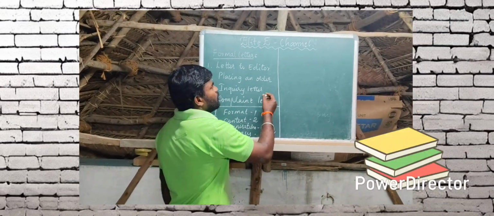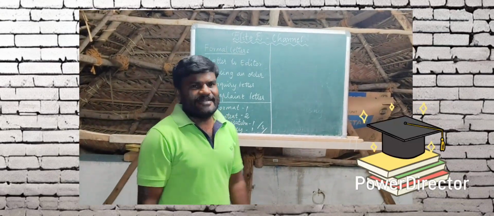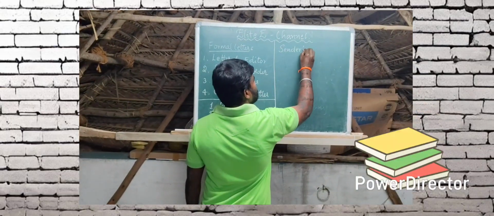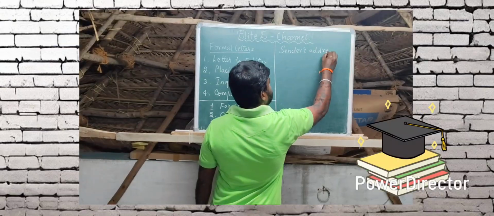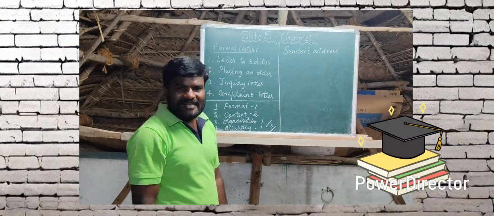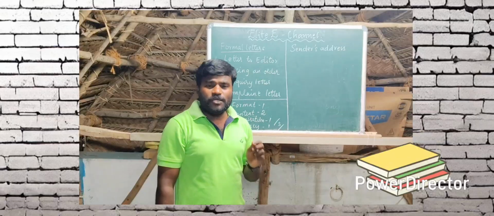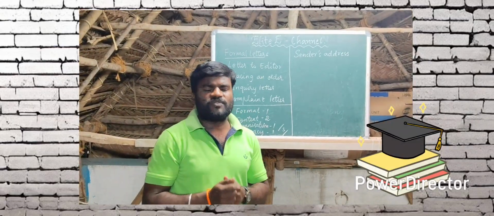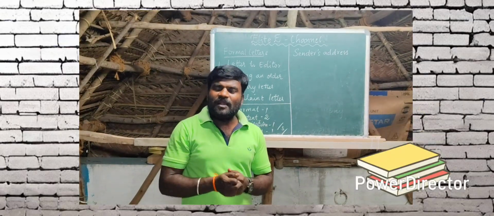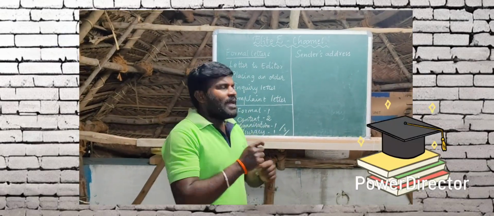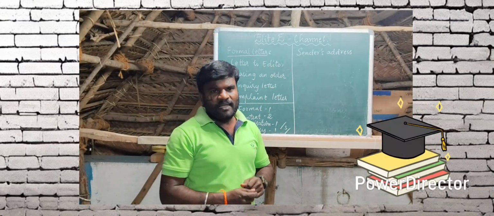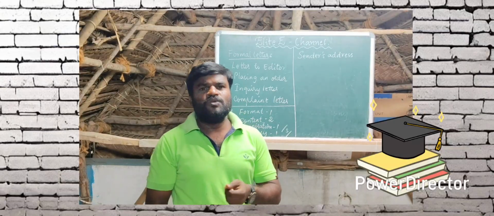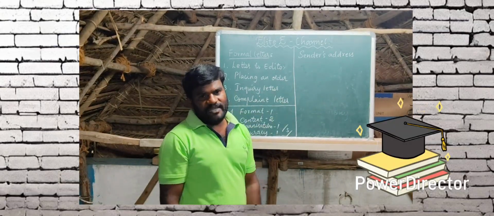You have to start with the sender's address, without the sender's name, but you can use their profession, designation or position. For example, if you are the principal of ABC school, you can use principal followed by the address. Instead of that, if you are Raman, principal of ABC school, you are not supposed to use Raman over here.